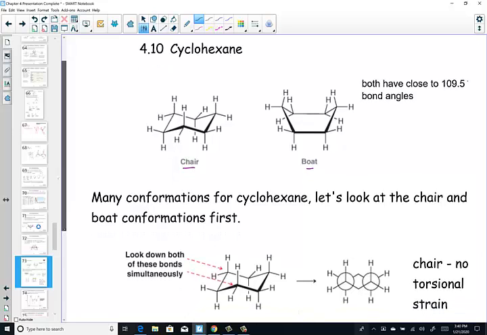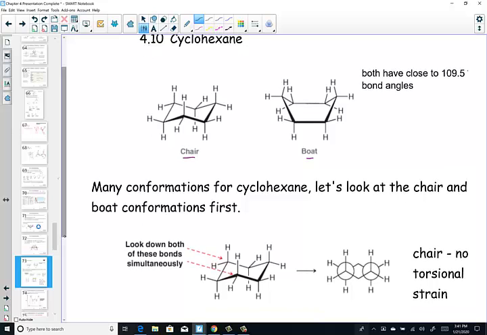We see that there are many conformations for cyclohexane, but it's the chair and the boat conformations that we'll look at first. So a 6-membered ring, and each carbon will have 2 hydrogens coming off of it. Remember, on a piece of paper, if you were to draw cyclohexane, each carbon, of course, has 2 additional hydrogen bonds coming off, right, to complete the 4 valence requirement for a carbon atom.